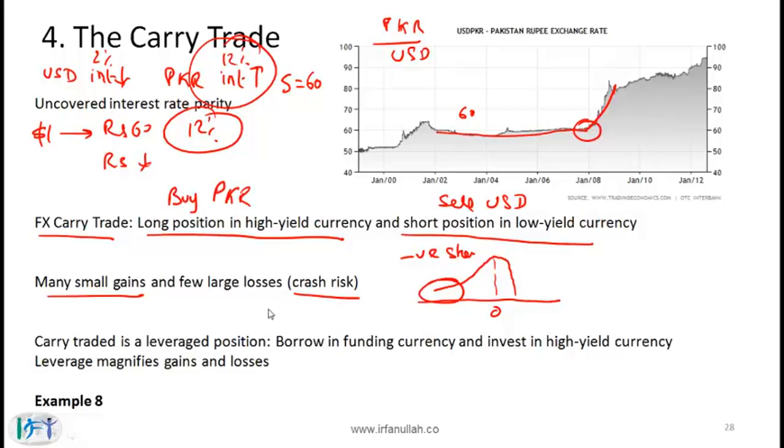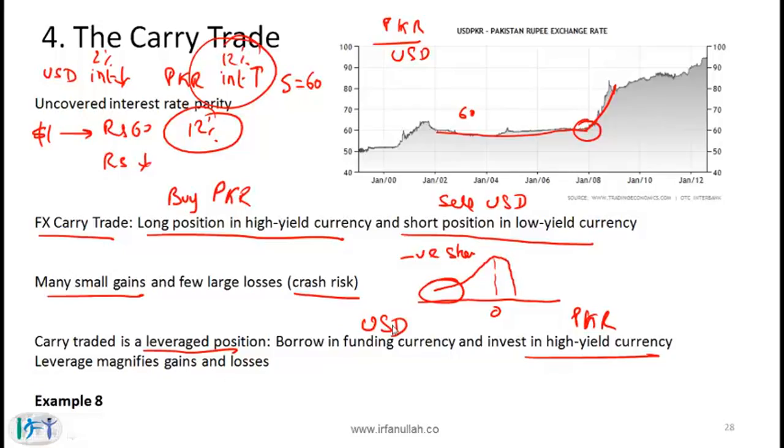Another core point about the carry trade is that it is essentially a leveraged position where you borrow in the funding currency, which in my example is the US dollar, and you invest in the high yield currency, which in my example is the PKR. Now, whenever you take a leveraged position, this will magnify the gains and losses.